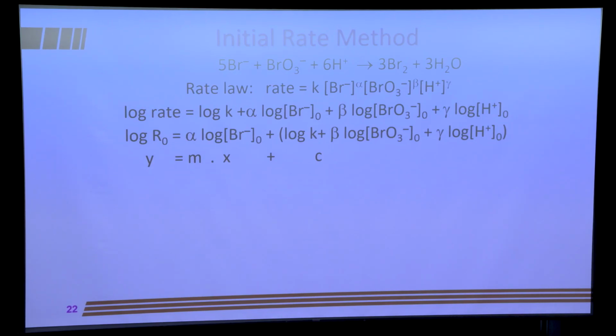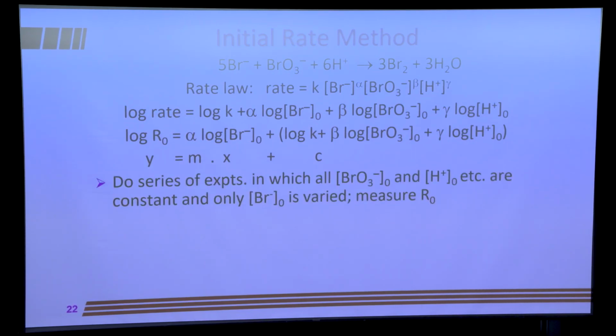Then if we plot log of the initial rate on the y-axis versus log of the initial concentration of Br minus on the x-axis, we should get a straight line, the slope of which is alpha.